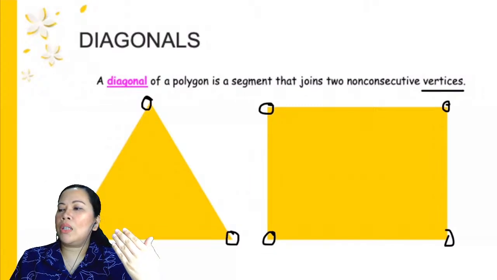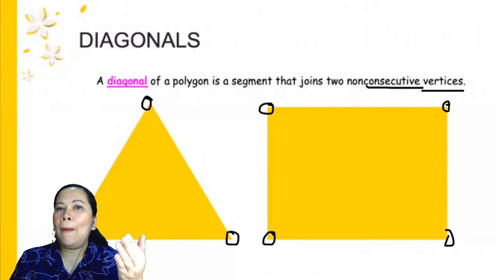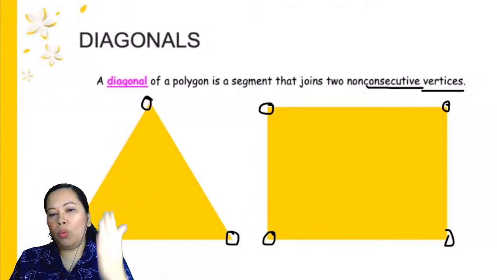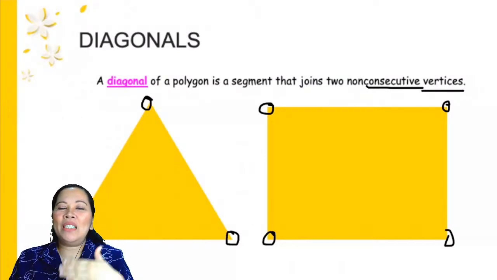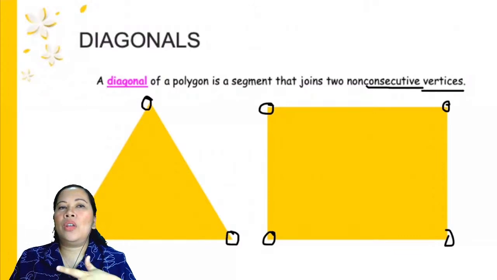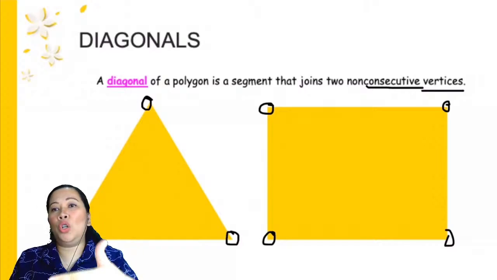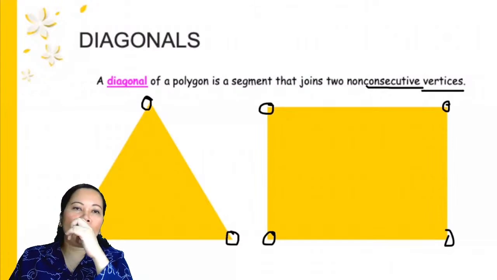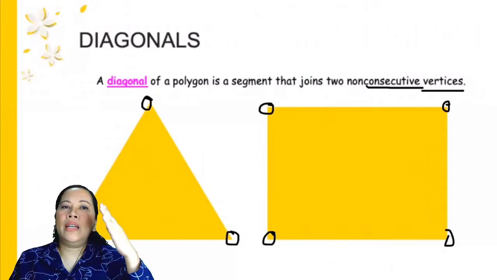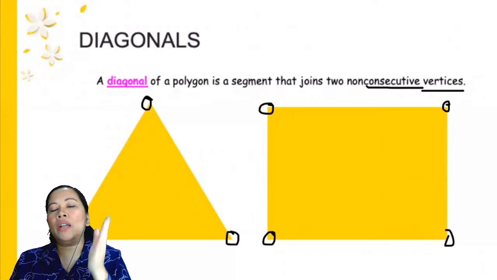So what do we mean by consecutive? Consecutive means the next one to the other, coming after the other. In Tagalog, it could be yung kasunod. Okay, that's consecutive. Sa Bisaya pa, gasunod. All right, so consecutive means a segment that is one coming from the other.